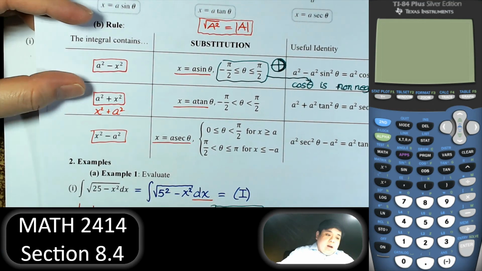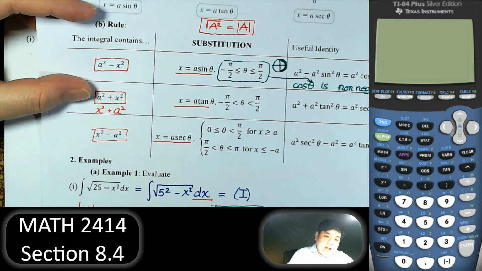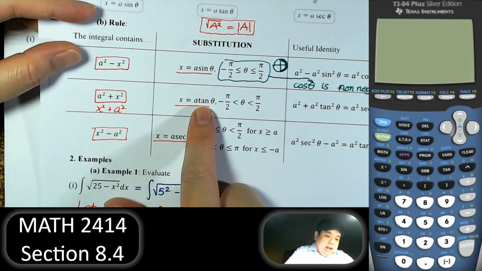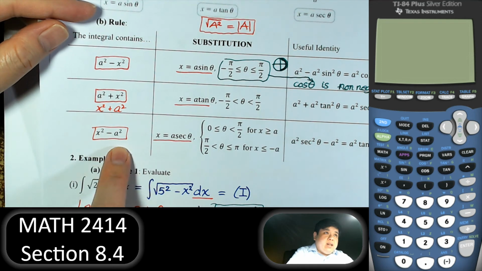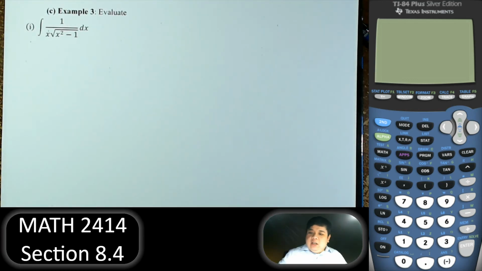So for the sum x squared plus constant square, we're going to use tangent. And if we have x squared minus a squared, x squared minus constant square, that is the secant. Like I said, the rules here are very straightforward. Just apply that, depending on the problem. It could get very complicated, but at least we know where we start.